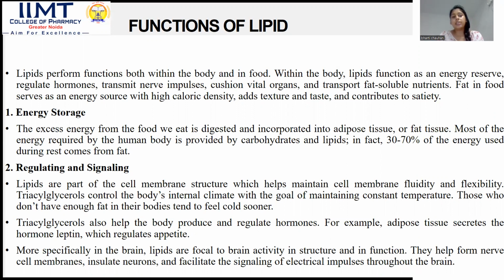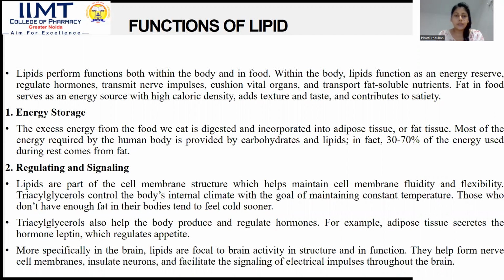Next is regulating and signaling. Lipids are part of the cell membrane structure, which helps cell membrane fluidity and flexibility. So, triacylglycerol, which is stored in the adipose tissue, controls the body's internal climate, with the goal of maintaining a constant temperature throughout your body. Those who don't have enough fat in their bodies tend to feel cold sooner, which I've already discussed in a previous point.